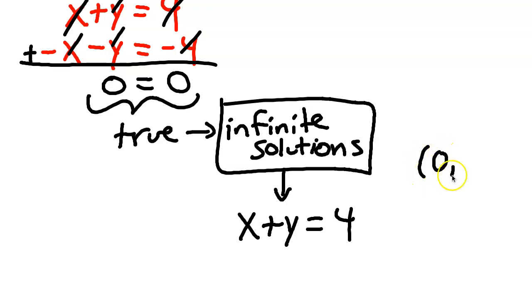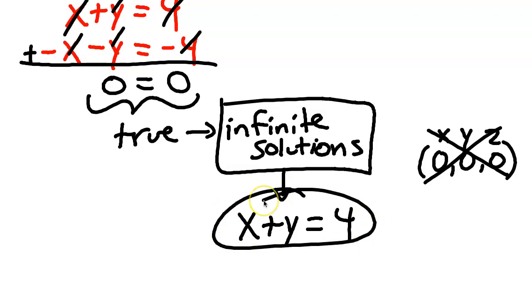0, 0, 0 is not a solution to this system of equations. If I plug in 0 for x and 0 for y and 0 for z, it doesn't work. It doesn't work in any of the equations. So infinite solutions doesn't mean anything is a solution. There are still restrictions on what works, but there are infinitely many things that will solve the equation, and we have to figure out what they are.